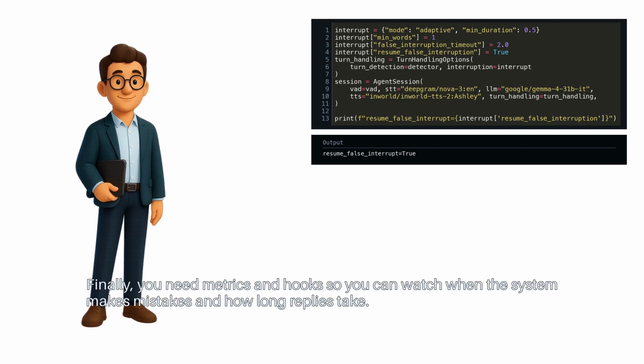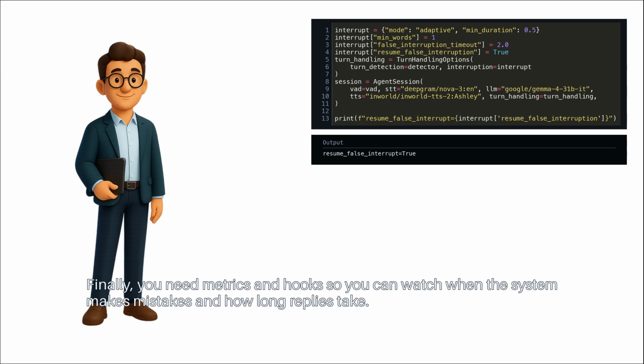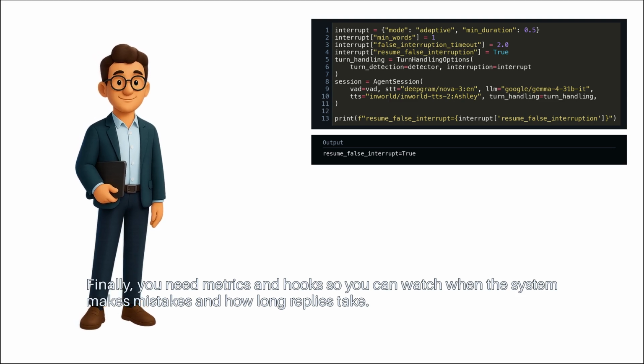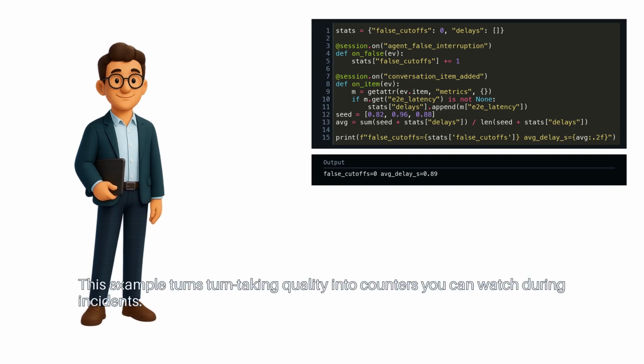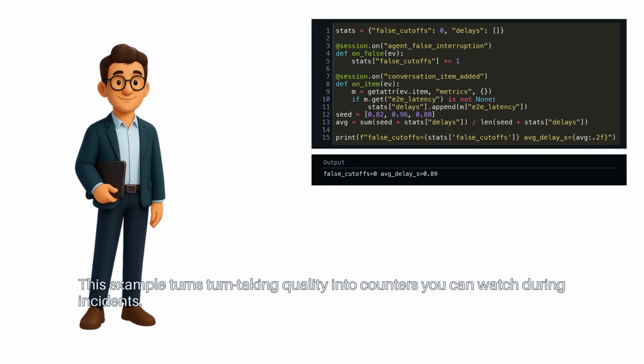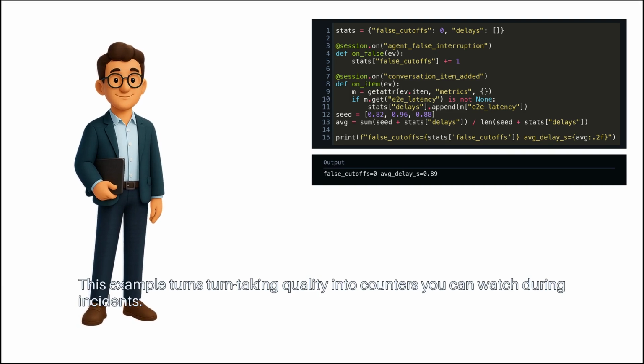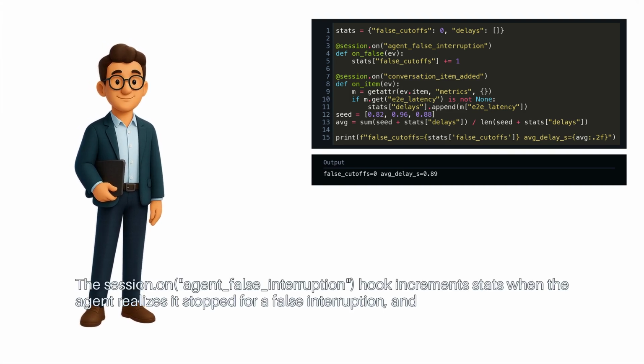Finally, you need metrics and hooks, so you can watch when the system makes mistakes and how long replies take. This example turns turn-taking quality into counters you can watch during incidents. The session.on agent_false_interruption hook increments stats when the agent realizes it stopped for a false interruption.